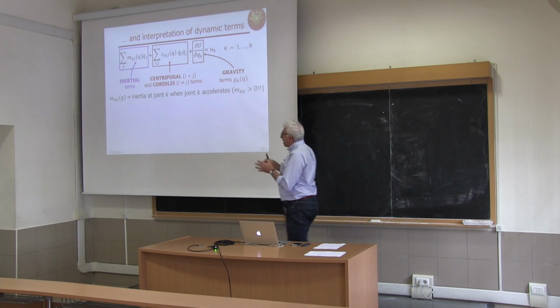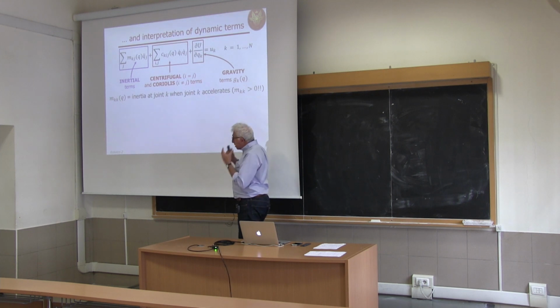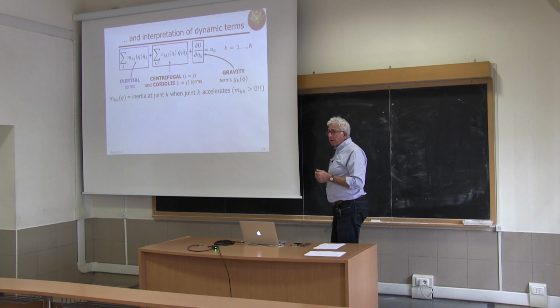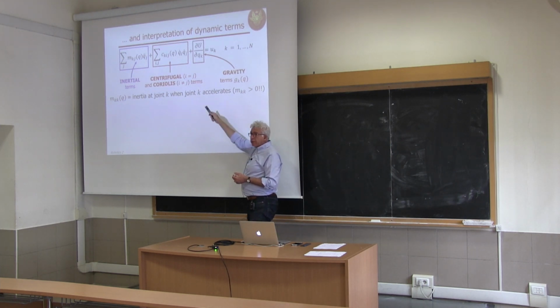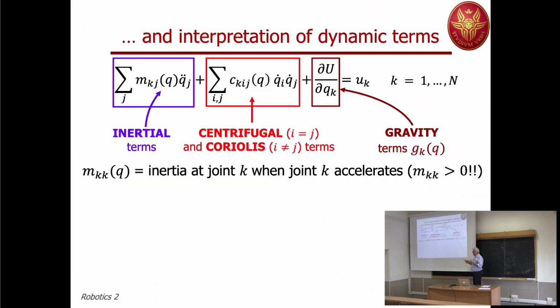So the m_kk in the configuration q, which is a function of the configuration in general, will be the actual inertia seen when you're accelerating only the kth joint. And because of the positive definiteness of the inertia matrix, its diagonal element should always be positive for any configuration q. So you see that the acceleration will have the same sign as the applied torque at the joint.